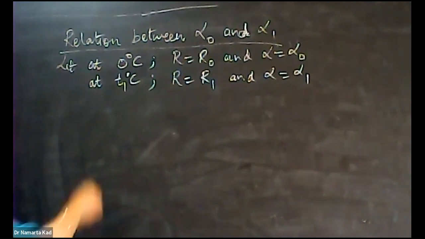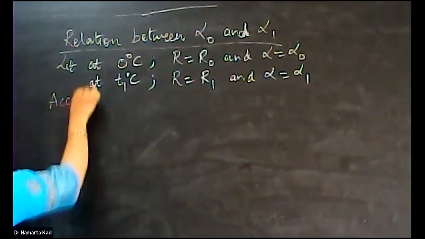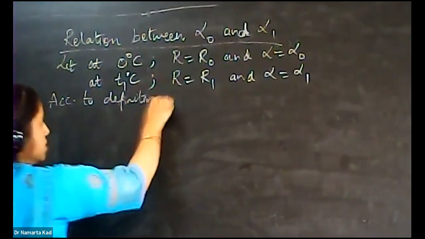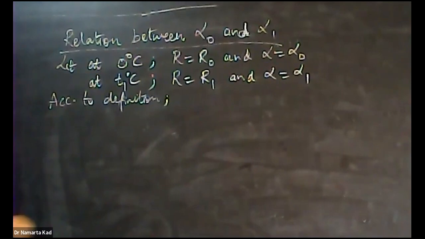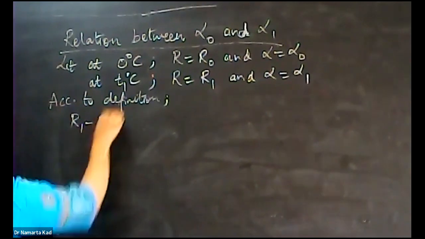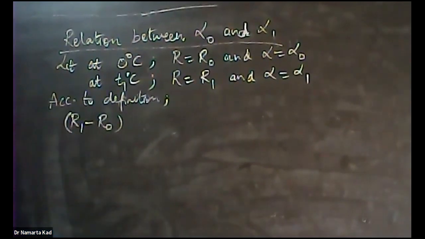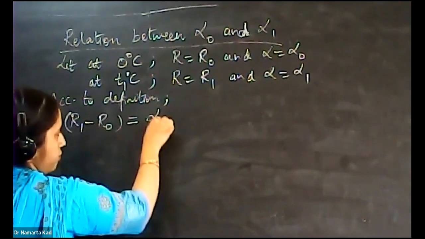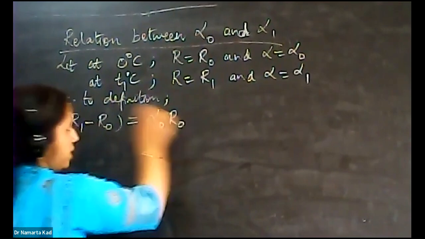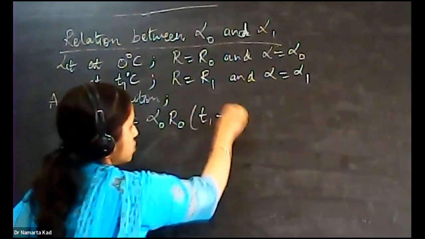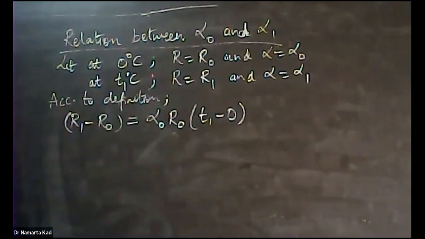Okay, then according to definition, हमारी जो definition क्या कहती है? According to definition, change in resistance, that is R1 minus R0, is equal to alpha naught R0 into change in temperature. ठीक है, इसको मैं यहाँ पे T1 minus 0 लिखता हूँ so that you can understand it better.